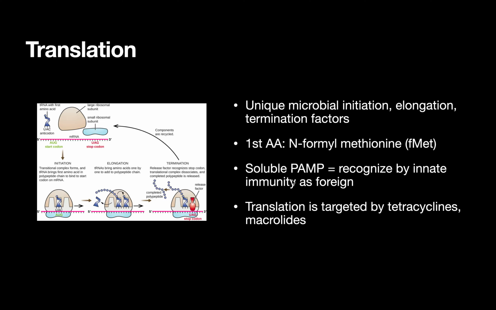So it codes for the soluble PAMP, which is going to be recognized by innate immunity cells as foreign material, and then more importantly, translation is going to be targeted by the antibiotics tetracycline and macrolides. So the initiation starts with the F-met when the translational complex forms and binds. And then there's elongation, then termination, and it chugs along until it hits a stop codon.